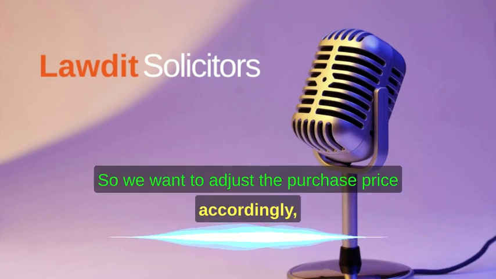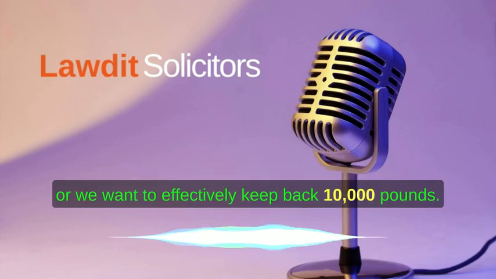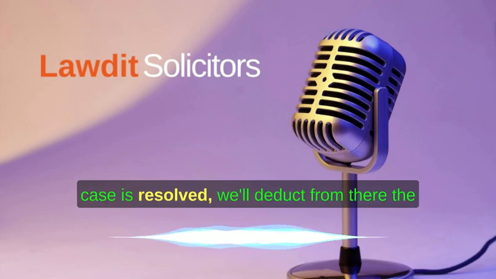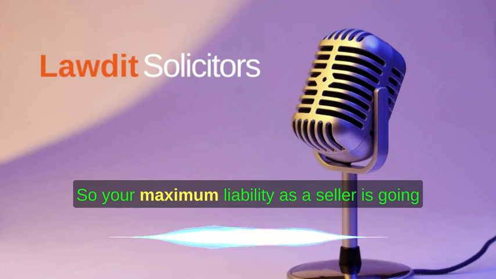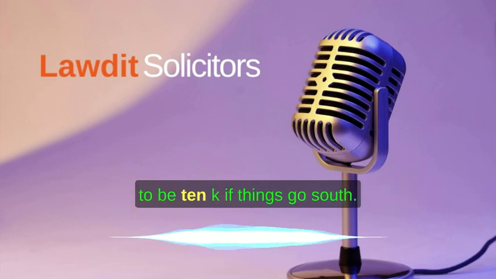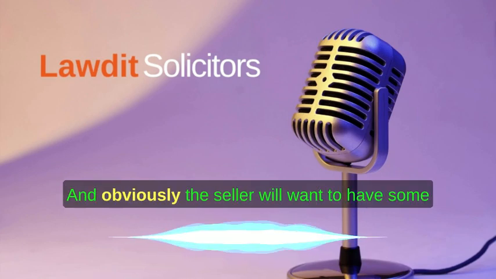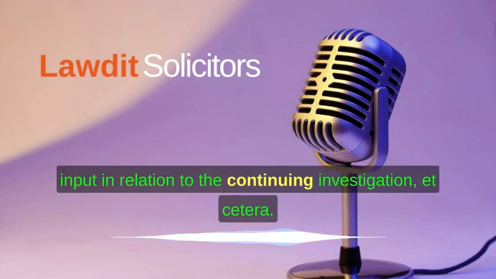So we want to adjust the purchase price accordingly, or we want to effectively keep back £10,000, and within 18 months, as and when this case is resolved, we'll deduct from there the cost and expense of that case. So your maximum liability as a seller is going to be 10k if things go south, but if they don't, then it'll be the balance of that with us resolving it, and obviously the seller will want to have some input in relation to the continuing investigation, etc.